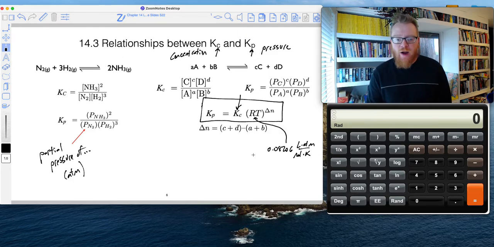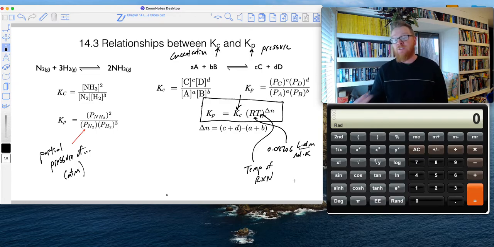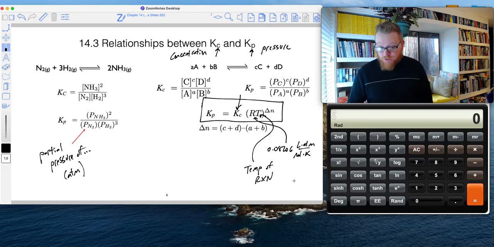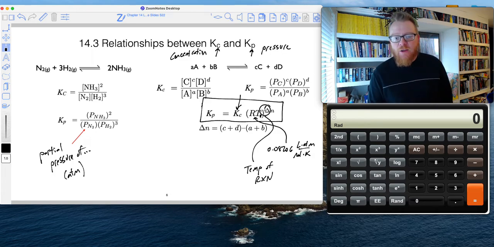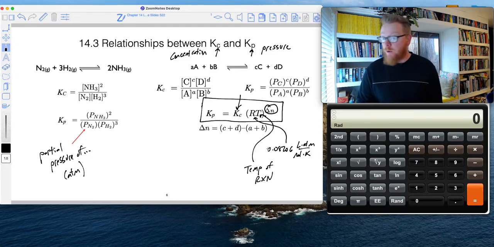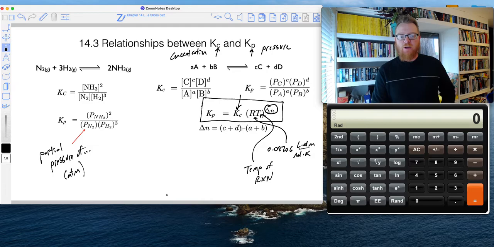This temperature right here, this is the temperature of our reaction, temp of Rxn. So as it turns out, the reaction temperature matters for the equilibrium constant. And now this delta N right here, this is the difference between the stoichiometric coefficients. So you can see right here, delta N I've given right here. And I'm using, once again, these lowercase letters that are connected to the stoichiometric coefficients, okay?